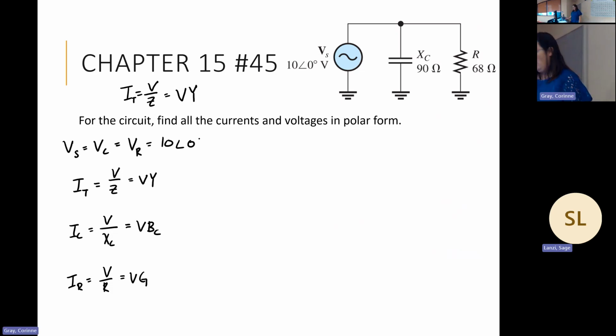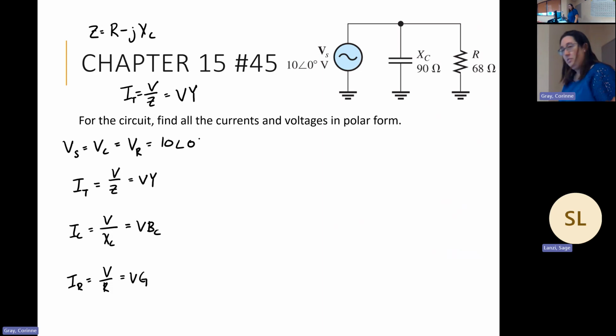Questions before we start talking about XC, BC, R, and G in a little bit more detail here? So let's say we're looking at it for Z. Again, we can talk about Y in a second. This is R minus jXC. That is its definition.